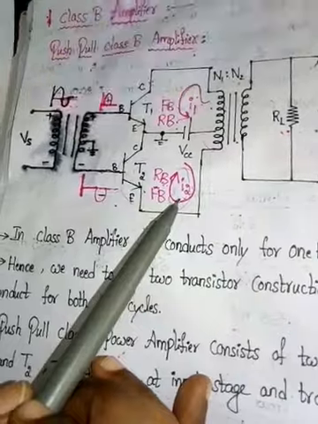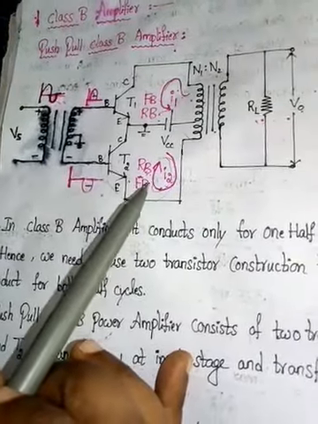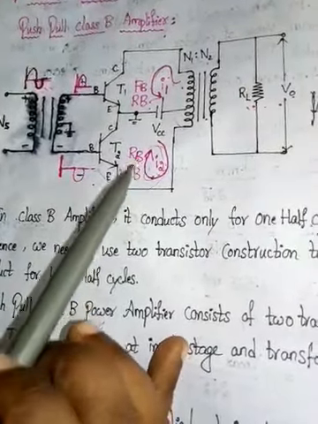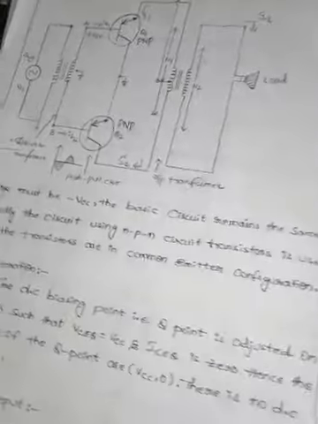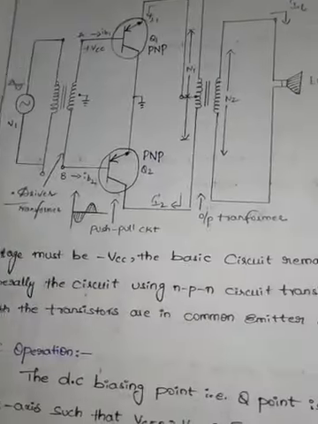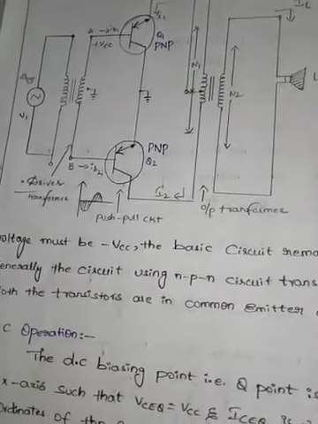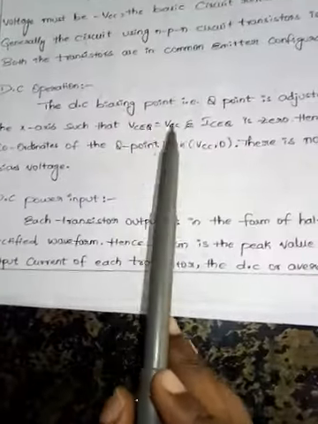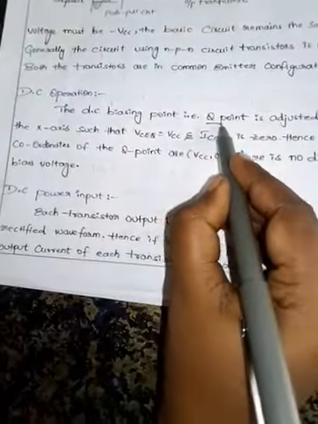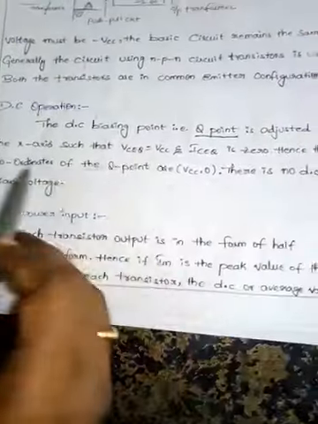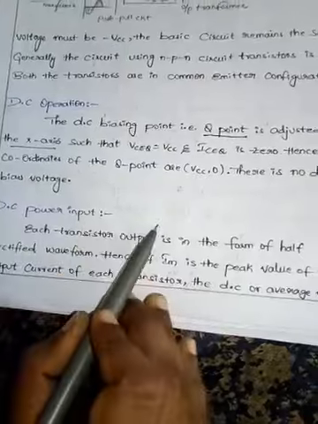Now we move on to the next analysis of this class B amplifier, coming to the DC operation. Here the DC biasing point is the Q point. We already said the Q point is to be adjusted on the X axis.